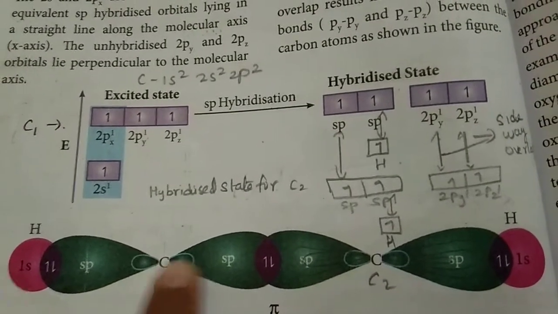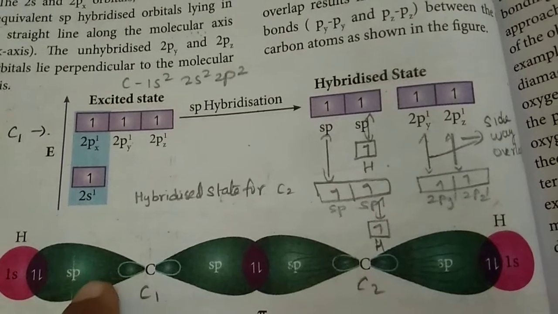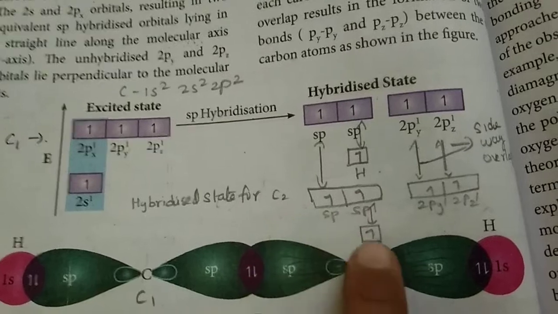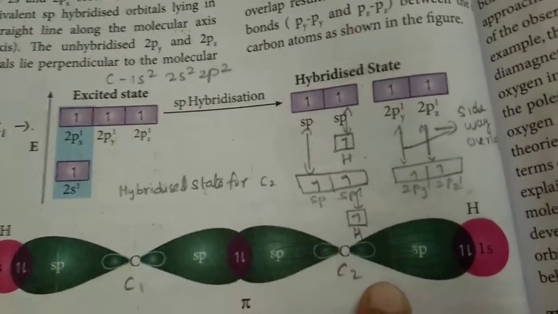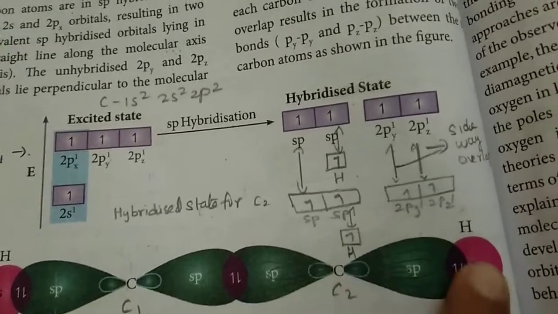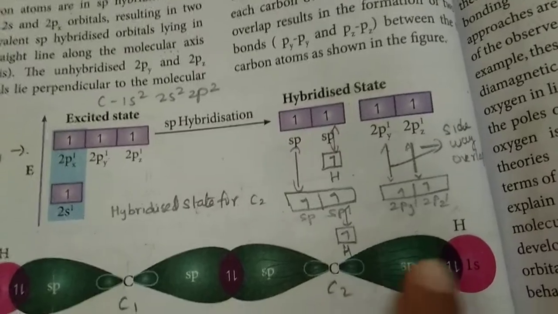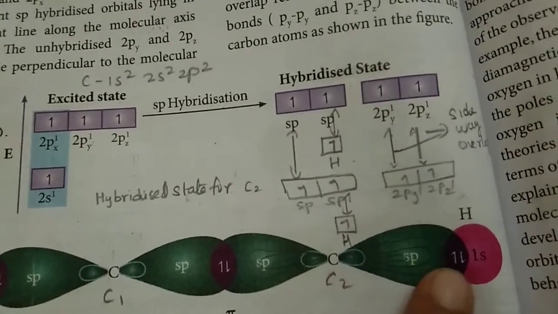Like that, the sp hybridized orbital of carbon 2 overlaps with another hydrogen atom forming another sigma bond. So it is H-C-C-H with single sigma bonds.